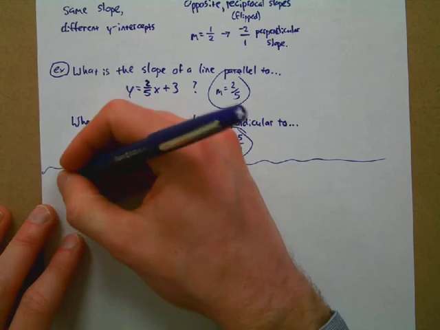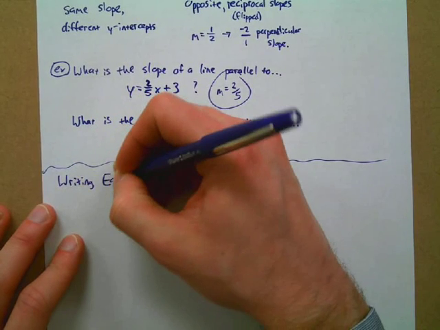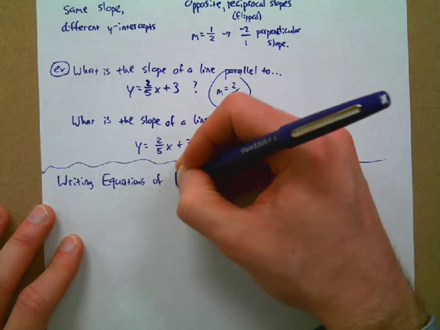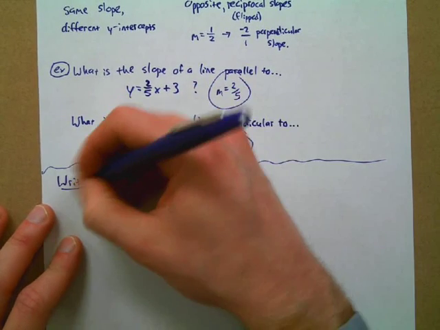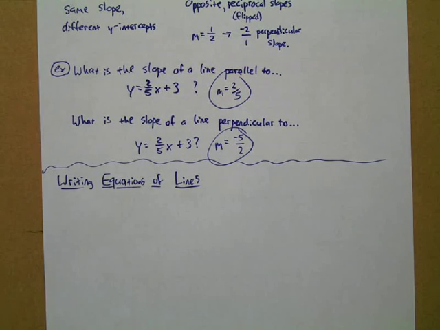Before, we were given the equation, y equals 2/5 x plus 3, and we pulled information out of it. We can identify the slope, the y-intercept, a parallel slope, a perpendicular slope. Now we're going to go backwards. We're going to be given some information and then use that to write the equation of a line.